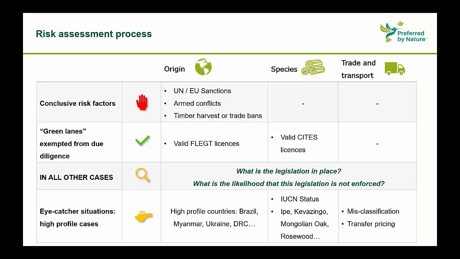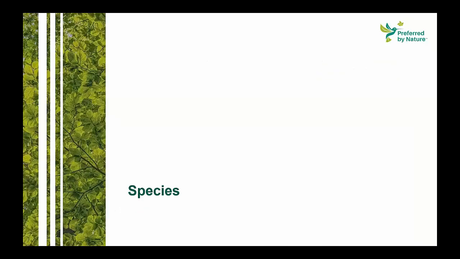Keeping in mind that they can also start by identifying high-profile cases, which would be eye-catcher situations that would raise a red flag and say, you need to be more careful. And I'm going to detail those cases for each of those broad categories. So let's start with species.